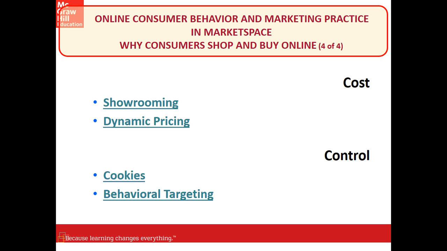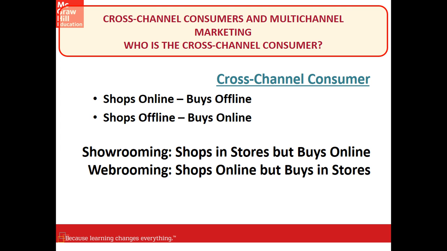And what is showrooming? What is dynamic pricing? Okay? What is a cookie? Cookies. What are cookies? And behavioral targeting. Okay? What is a cross-channel consumer? What's meant by cross-channel consumer? They shop online, buy offline, right?